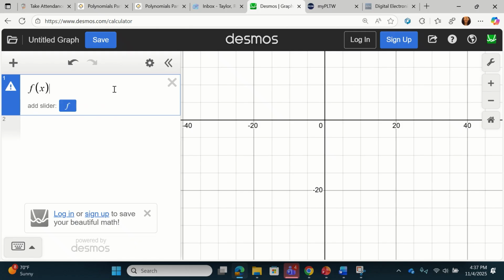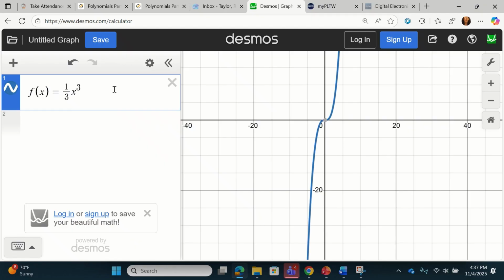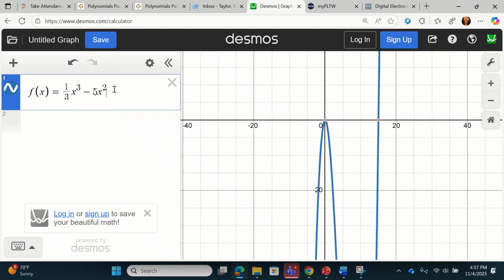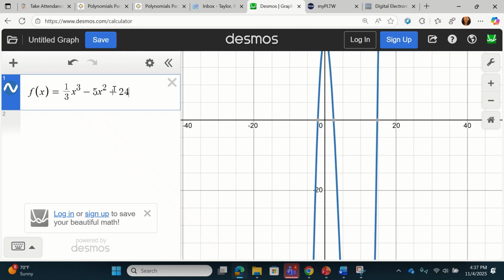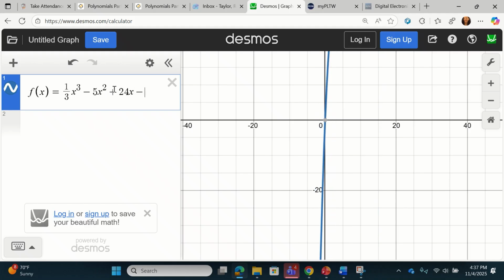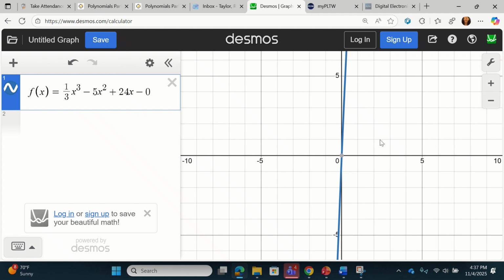So we have f of x is equal to 1/3 x to the third minus 5x squared plus 24x minus 40.